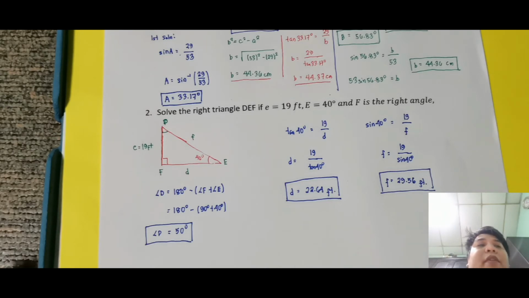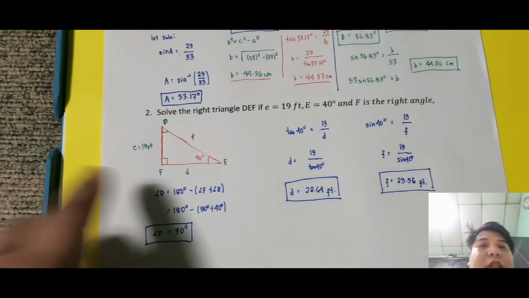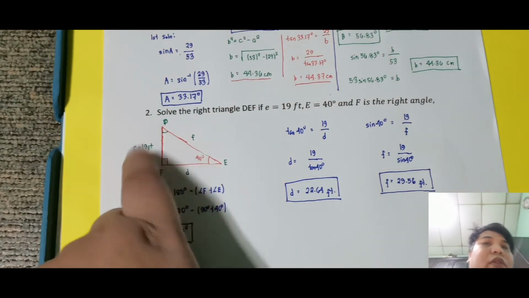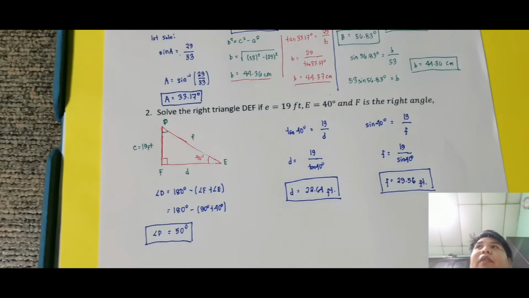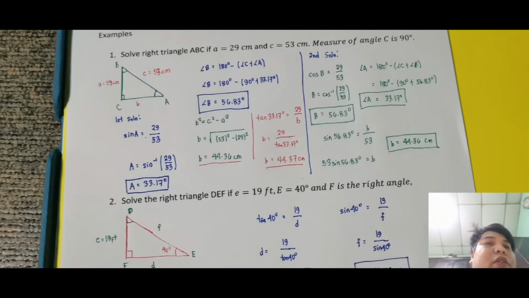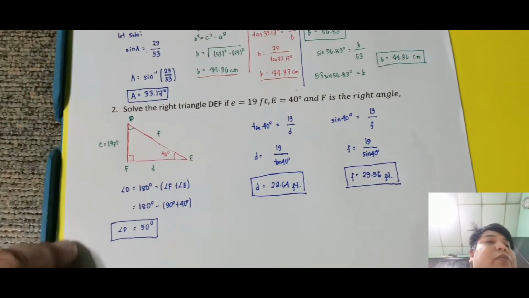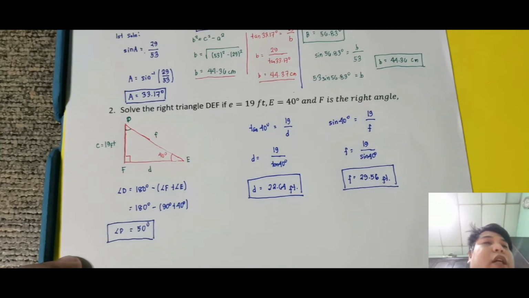Ako kasi bilang estudyante dati, mas komportable ako sa side na madali ko makita, tulad ng opposite adjacent, opposite hypotenuse, ganun lang. Hindi ako yung tipong paglalaro-laroan ko pa siya, kung ano-ano pang ginawa ko para lang masolve siya. Pero diskarte mo rin yan.